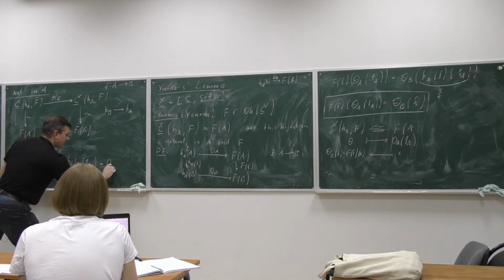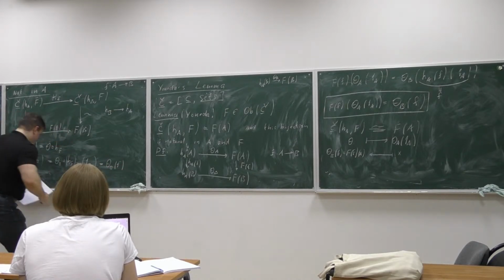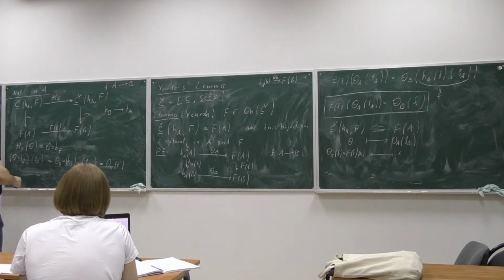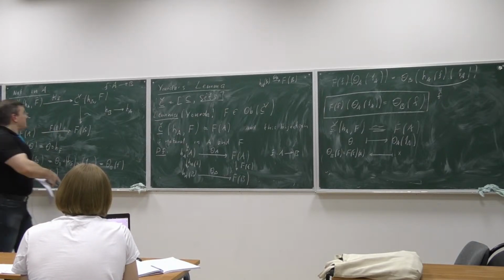So this is theta B of F. And by the formula that we already derived there, this is the same thing as the F of the little f, theta A of the identity, right? But that's exactly what happens if you go like this. This will be theta A applied to the 1, and then apply F of f. So we have naturality in the A.